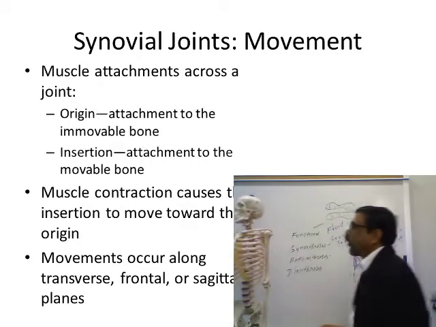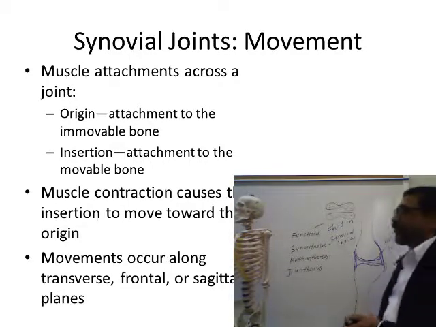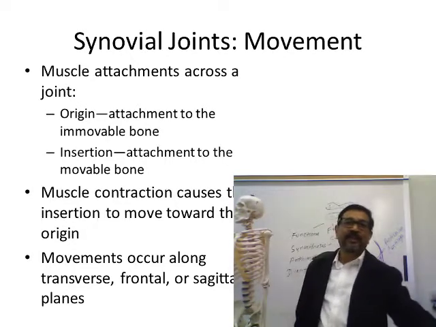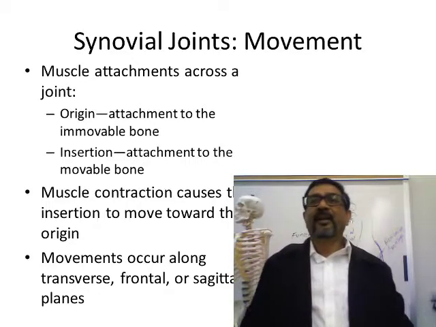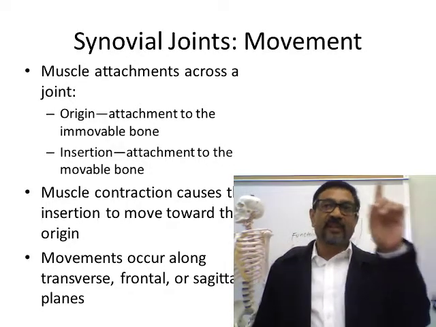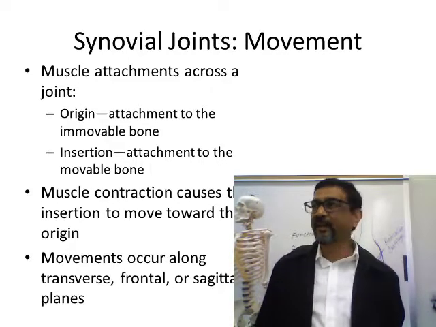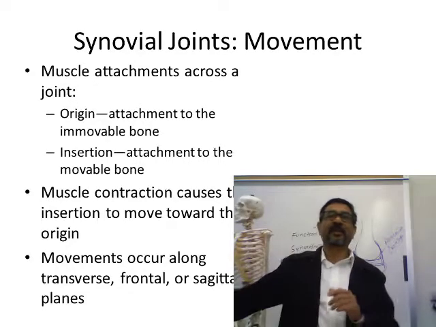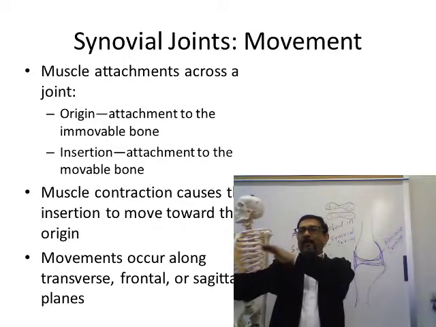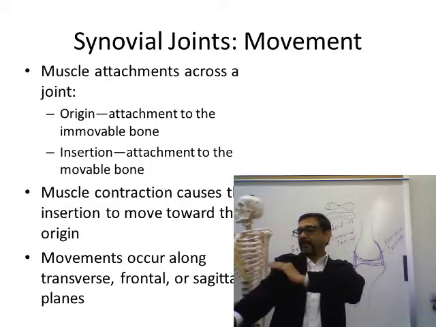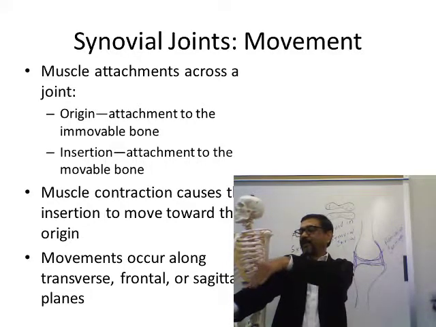Now, there are two ends of a muscle, origin and insertion. Origin is the end attached to the fixed bone, and insertion is the other end that is attached to the bone that moves. Let me give you an example. Look at me. A muscle that starts in the arm crosses the elbow joint and gets attached to the forearm.